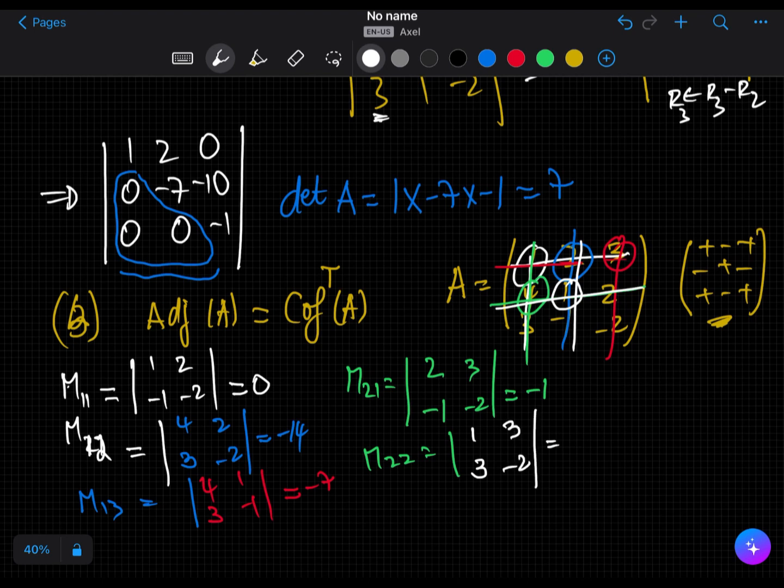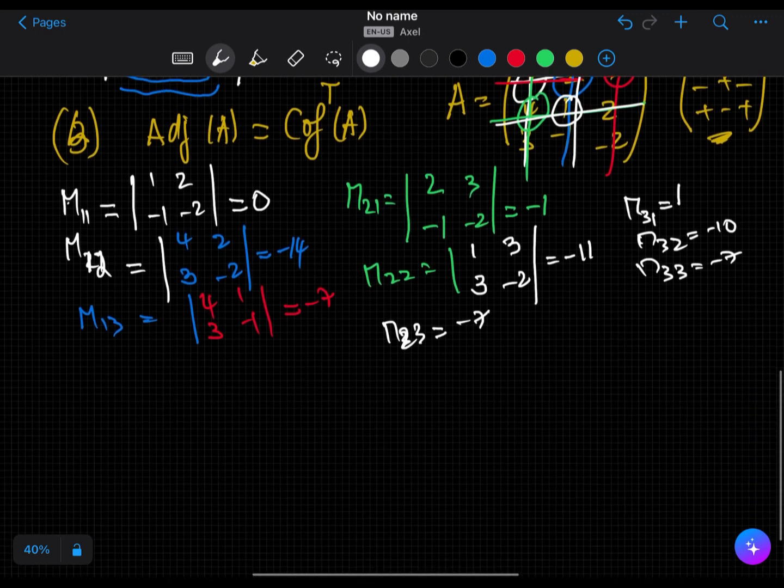So when I do M22, this is minus 2 minus 9, minus 11. So you can do the same process and you find M23, which is minus 7, and you find M31, which is 1. You find M32, which is minus 10, and you find M33, which is minus 7.